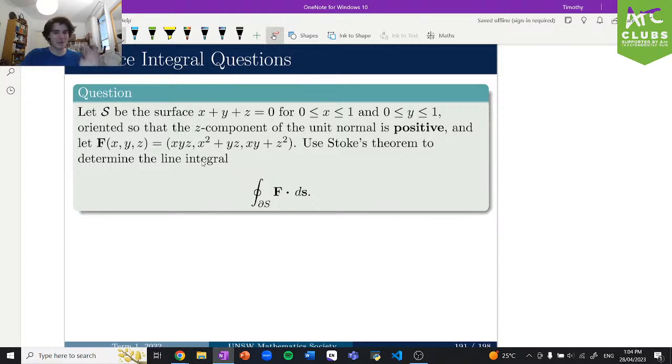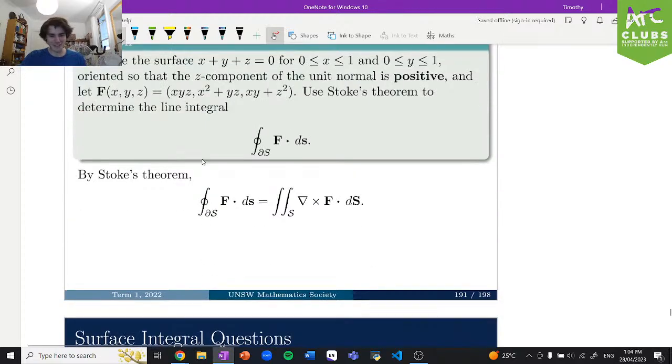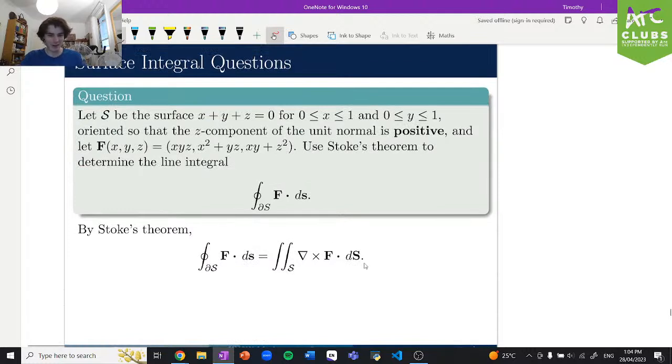So instead, we're going to use Stokes' theorem, which is very cool, because what it allows us to do is take the surface integral over the curl of this function rather than having to find some gross looking thing. So quickly doing our curl of f.